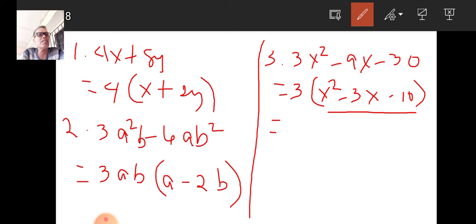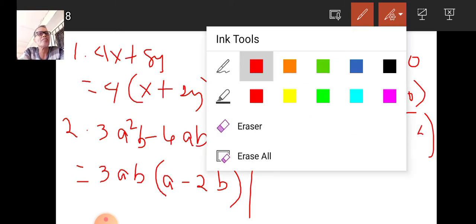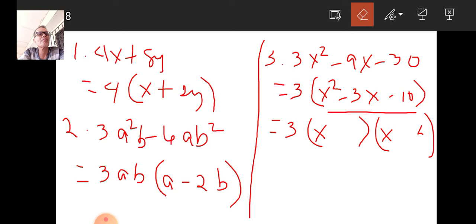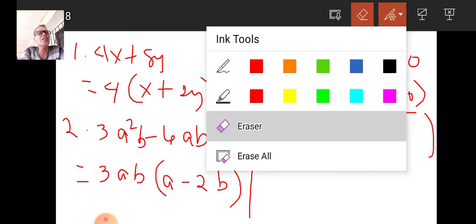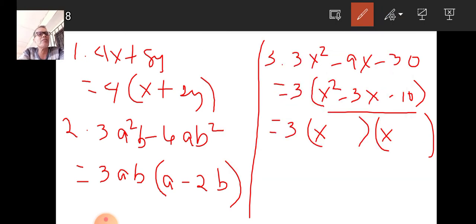So copy 3, then factor the terms inside the quantity. Now, the factors of x squared is x times x. The factors of 10 is 5 times 2.